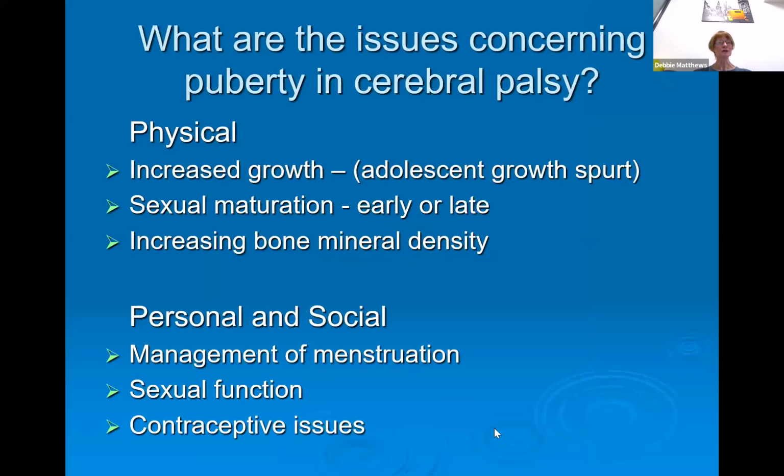And what about increasing bone mineral density? And then on the personal and social front, particularly a feature in girls is management of menstruation. Many families are very unhappy about their daughters with cerebral palsy having to progress through puberty and start their menstrual periods. There are also issues around sexual function and contraceptive issues.